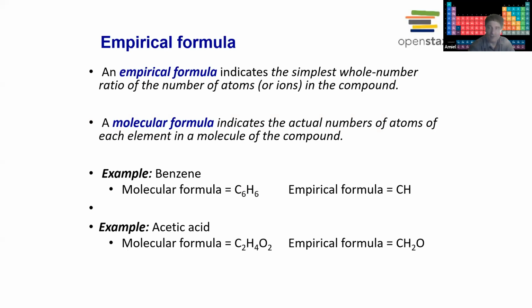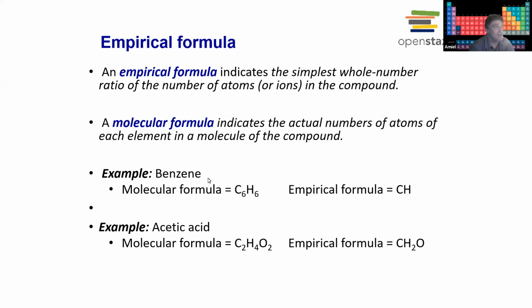There's the molecular formula and the empirical formula. The empirical formula is the simplest whole number ratio of the atoms in a compound. So take a look at a couple of examples here.